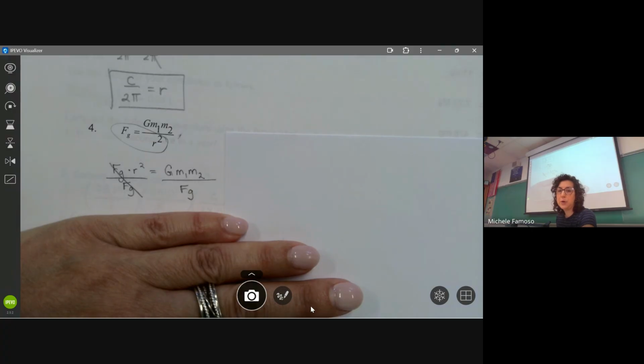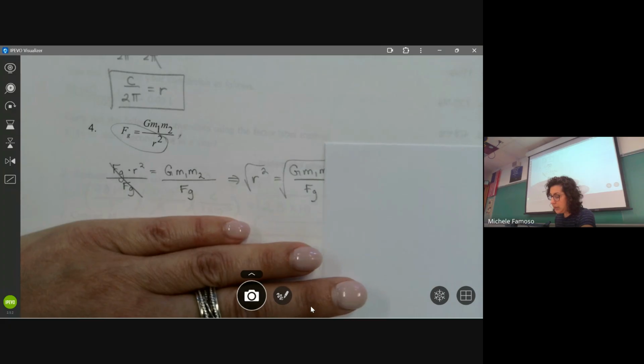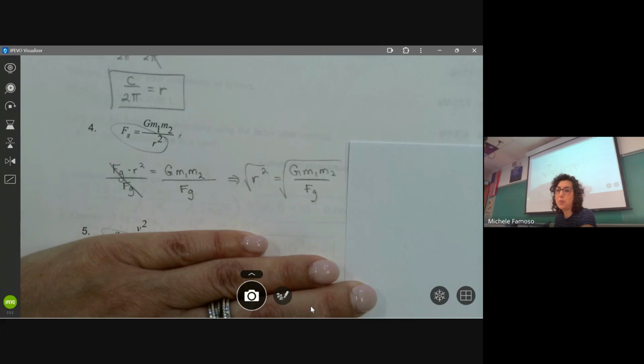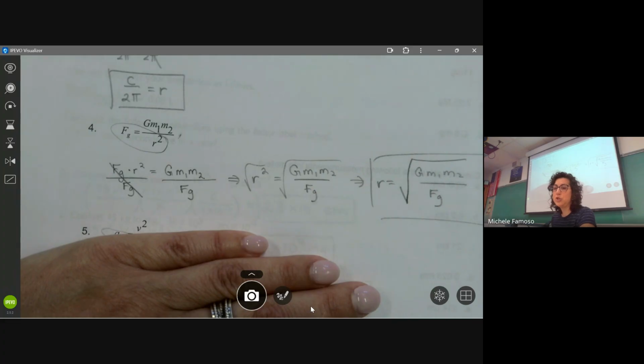Now I'm going to divide both sides by FG, giving me R squared is capital G M1 M2 over FG. Now I'll take the square root of both sides, giving me R is the square root of capital G M1 M2 over FG. Please make sure when you write this radical sign that it is big enough that all of that is underneath the radical.